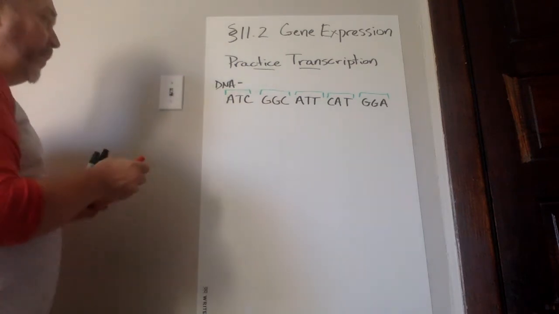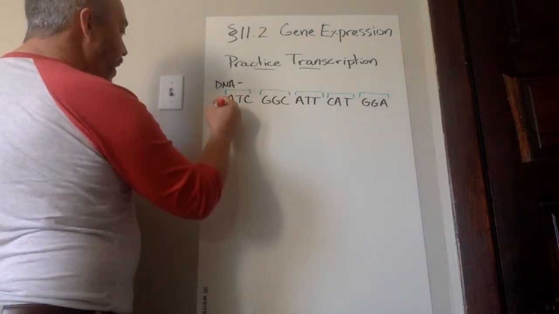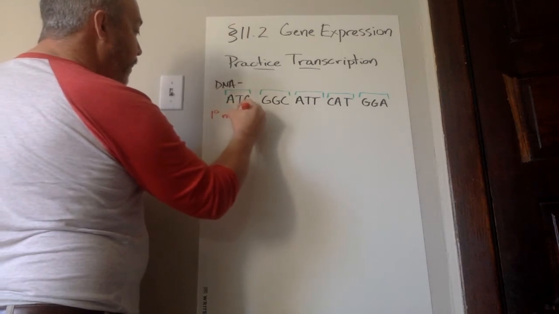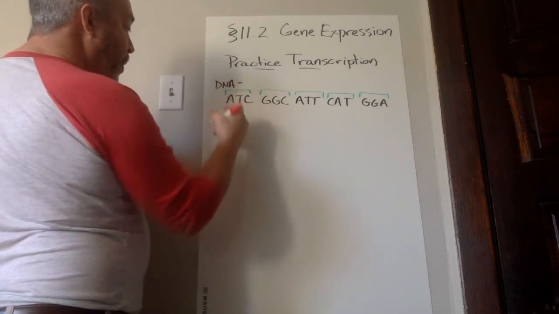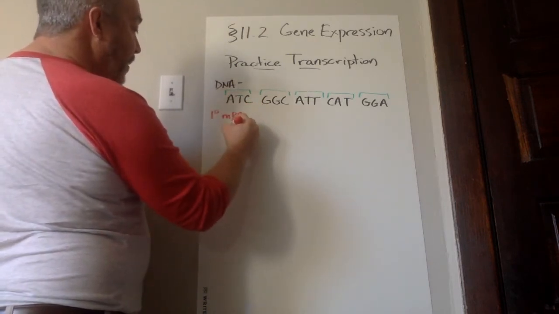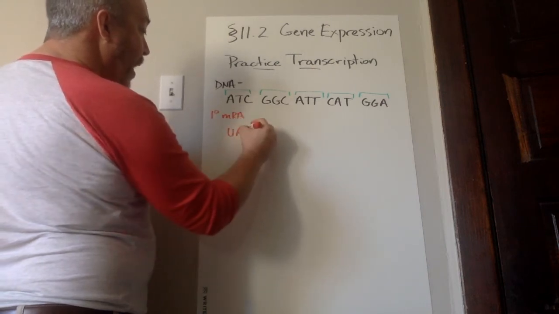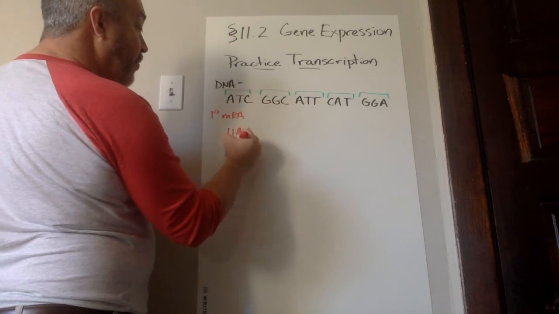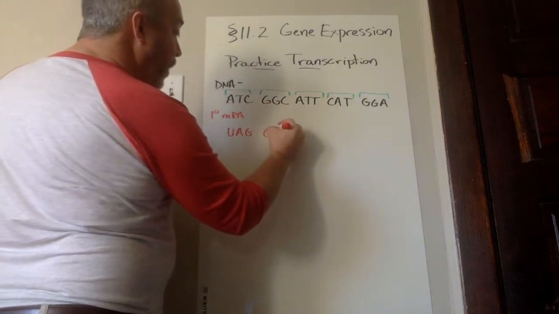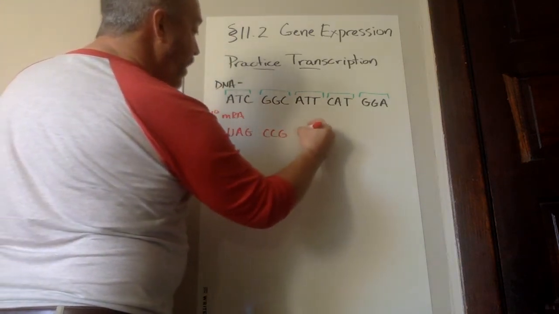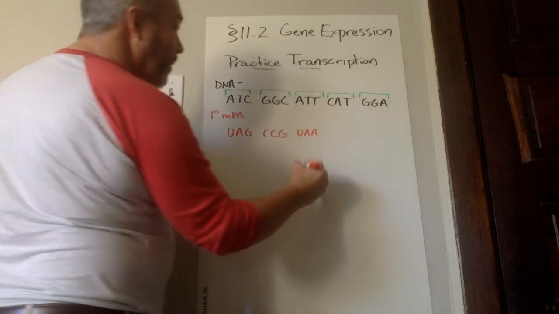So therefore, if we were to make the primary mRNA, the transcribed mRNA, we would go with opposite: A is U, opposite T is A, opposite C is G. And I'll also write these in sets of 3 so that you can easily see them.